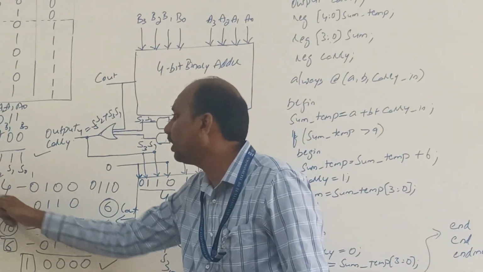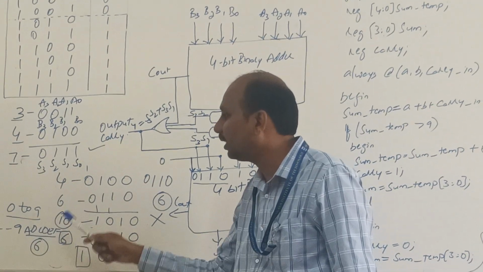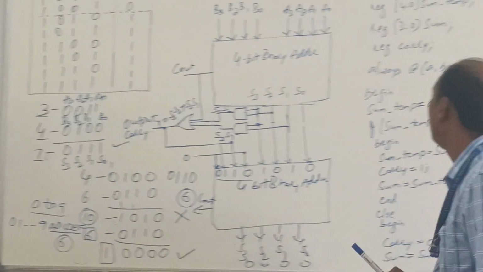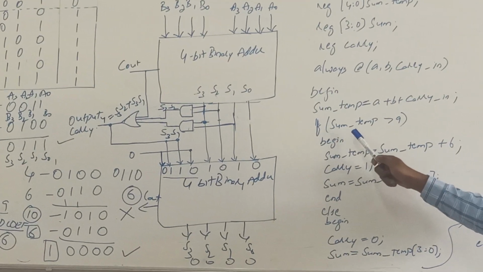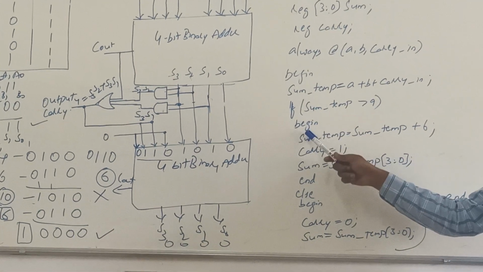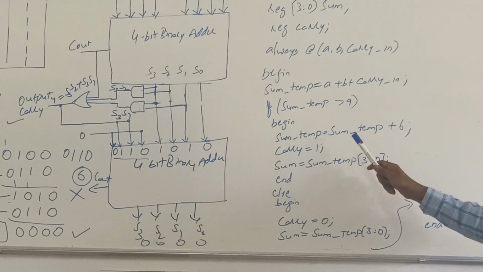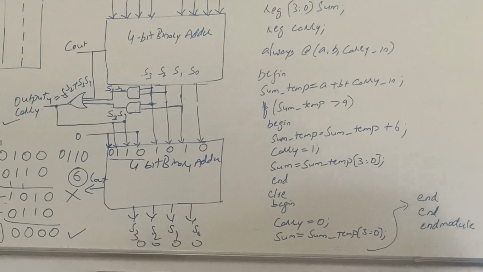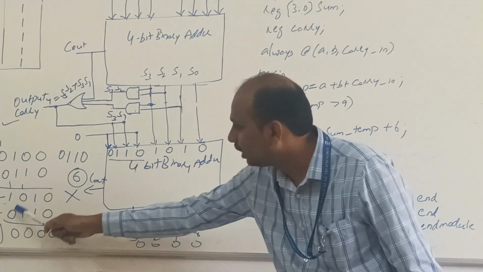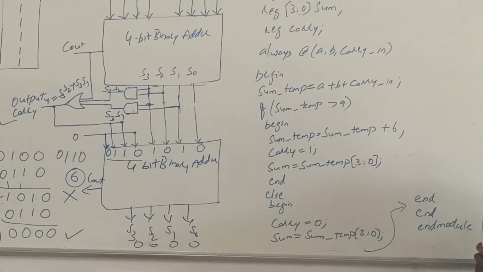Now I should check whether this sum is in the range 0 to 9, whether it is greater than 9 or not. For that, if sum underscore temp is greater than 9, then I begin: sum underscore temp equals sum underscore temp plus 6. So this is what I have done here, plus 6 I have added here. The same thing I am doing here, plus 6.